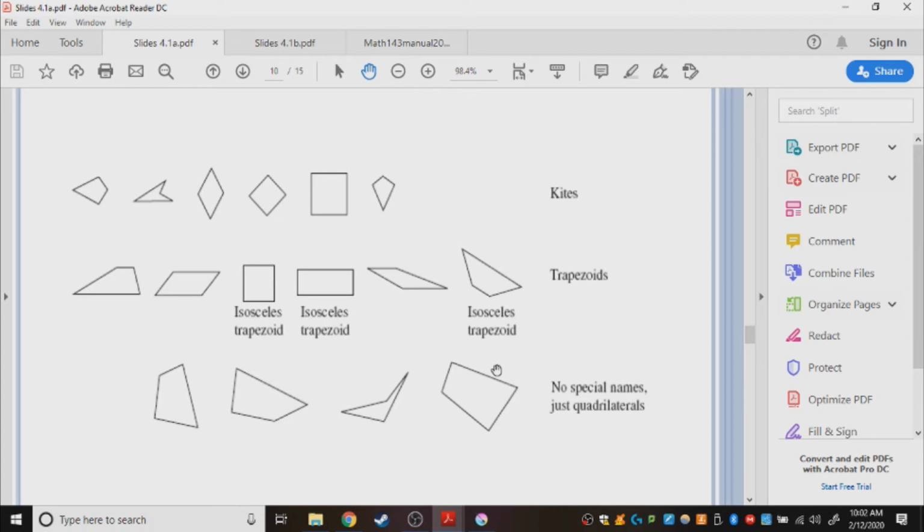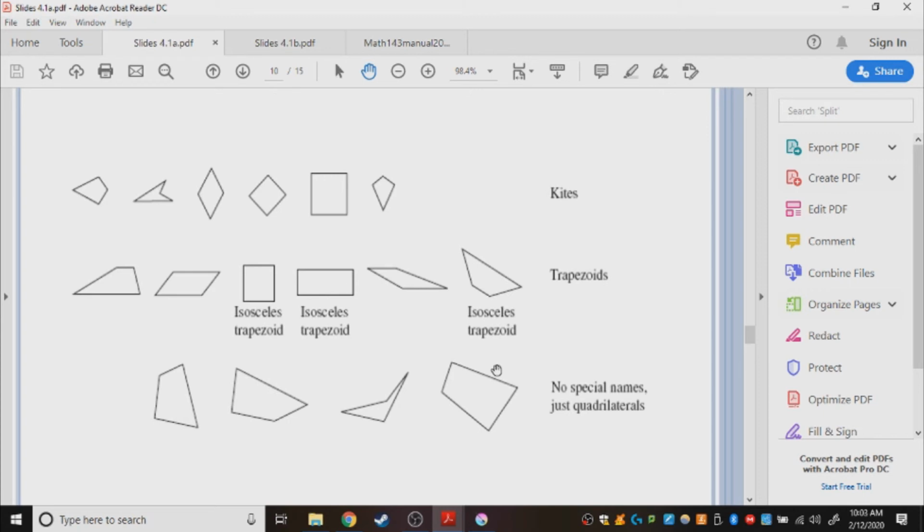Trapezoids, a little bit more relaxed, where I require that there are two opposite sides that are parallel. That's it. They don't have to be the same length. The other two sides can do whatever they want to do. One pair of opposite sides parallel. And with that slightly less restrictive requirement, I do get more variety.